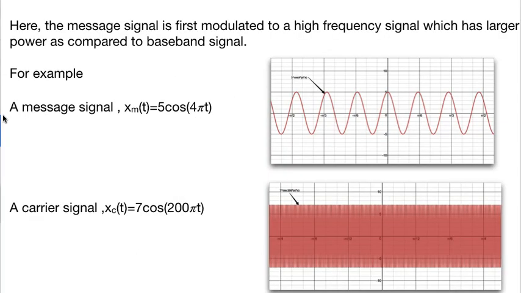Now look at what a modulated signal is and what a carrier signal is. In this figure I have just shown you only the basics. These graphs have been drawn with the help of a grapher, and you can see that the time period for both these graphs is totally different.